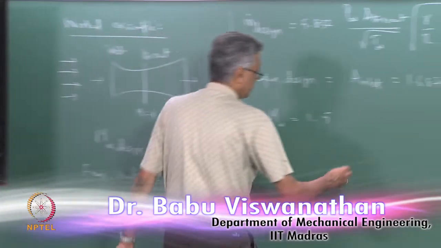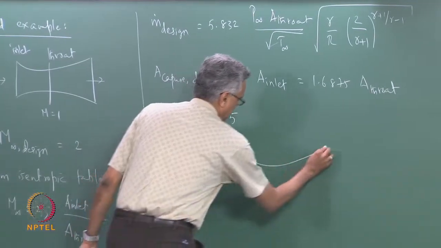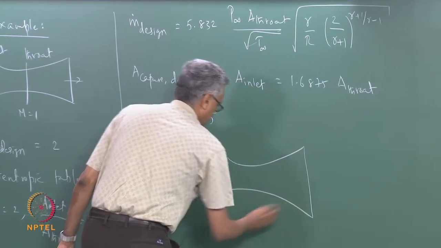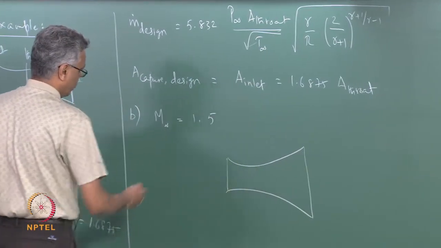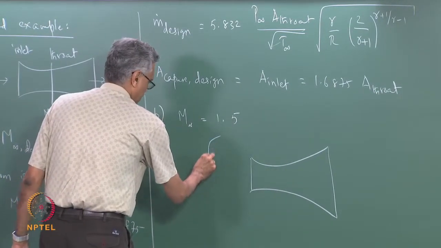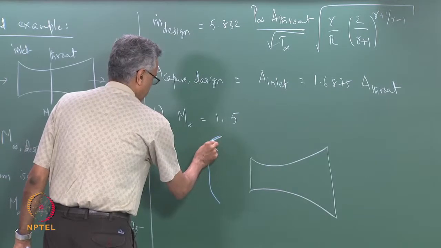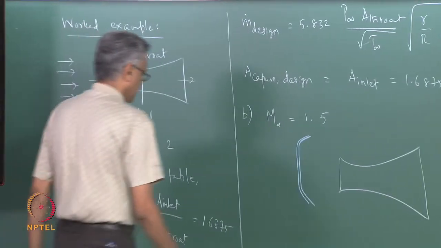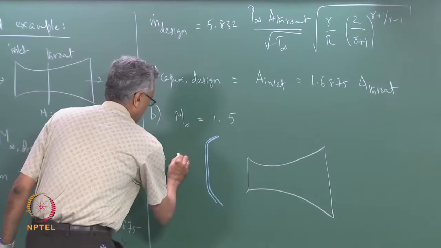So, usually in this case what happens is there is a normal shock which stands in front of the intake. So, normally the shock is something like this. It is a curved bow shock which looks something like this, and the flow comes through.